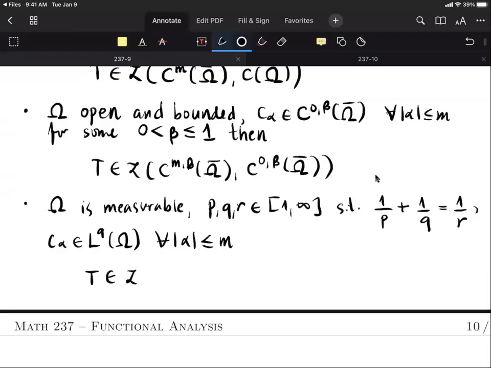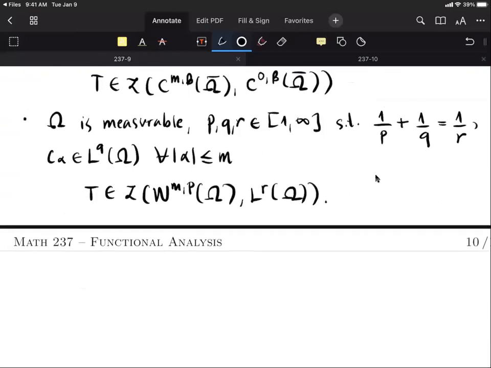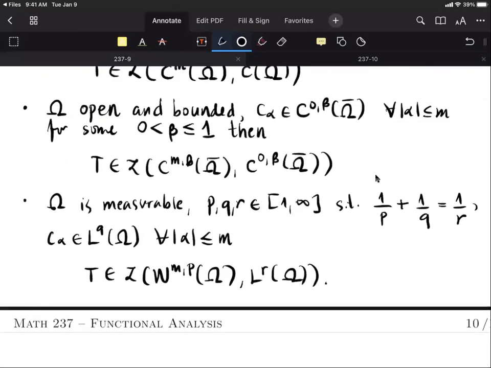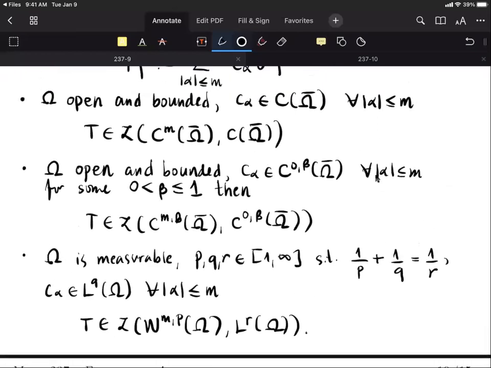Then T is a bounded linear operator between the Sobolev space WMP and LR. And you can establish this by Holder's inequality, for instance.